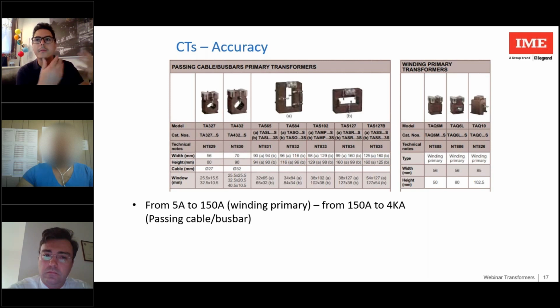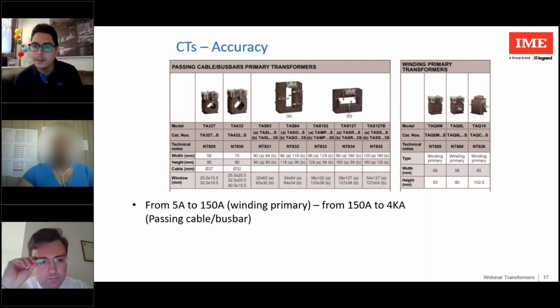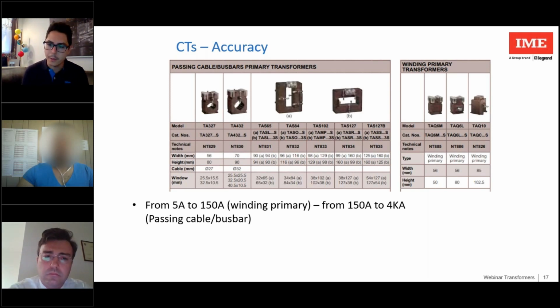For example, if I have 100 amps, and the real current of my system is 30 amps, I am lower than 5%, so I am out of class.